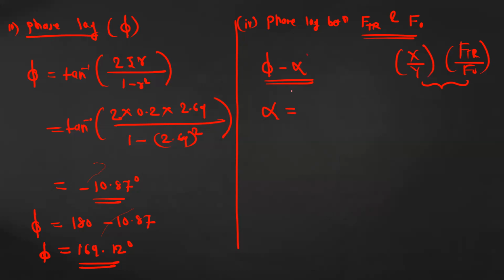So this alpha is equal to, you have to remember this equation, just note it down, tan inverse of 2 zeta R. So this is equal to tan inverse of 2 into 0.2 into R, which is 2.69. Okay. So this value is 52.32.